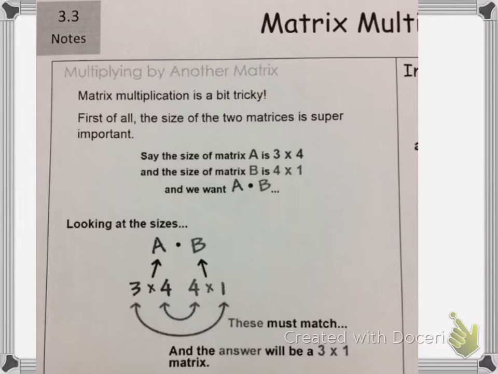So what we're going to do is look at the matrix. Say matrix A is a 3 by 4 matrix, and matrix B is a 4 by 1 matrix, and we want to multiply A times B. What we first need to do is write down the dimensions. Matrix A is a 3 by 4. Matrix B is a 4 by 1. These two middle numbers tell me, yes, I can multiply the matrices.